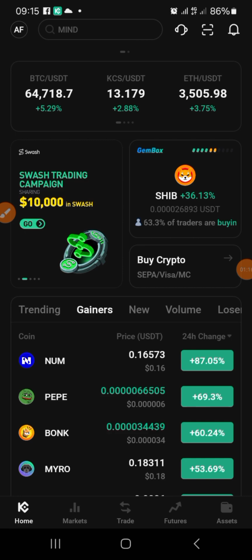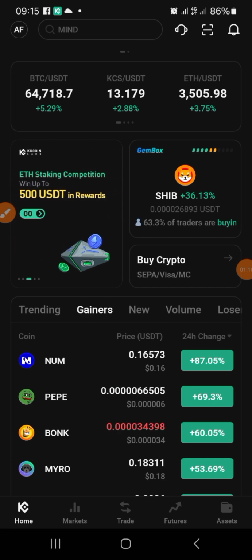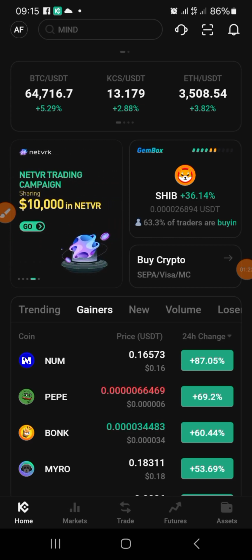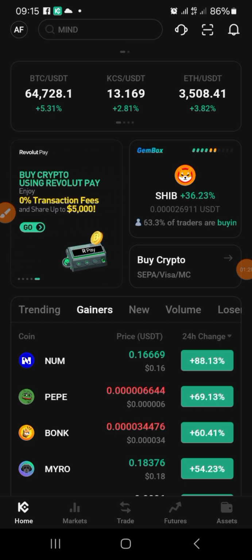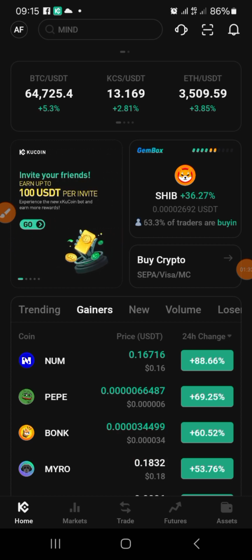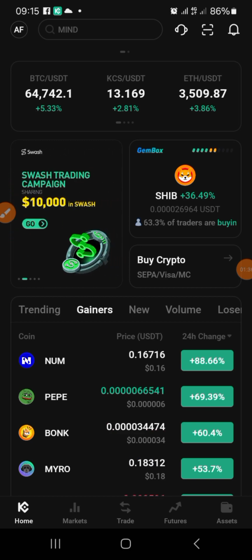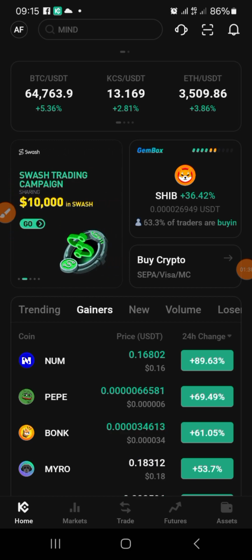For example, if you want to buy Bitcoin, you need an asset to be able to get it. Sometimes you will need an asset like USDT, sometimes Tron, sometimes you need an asset like BNB, which is the Binance coin.